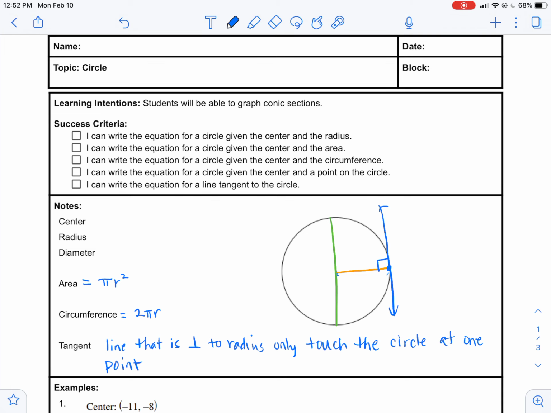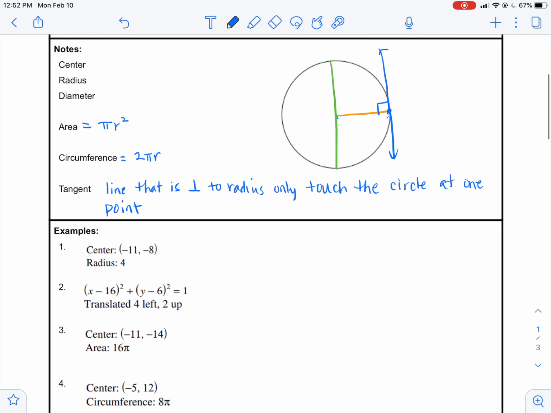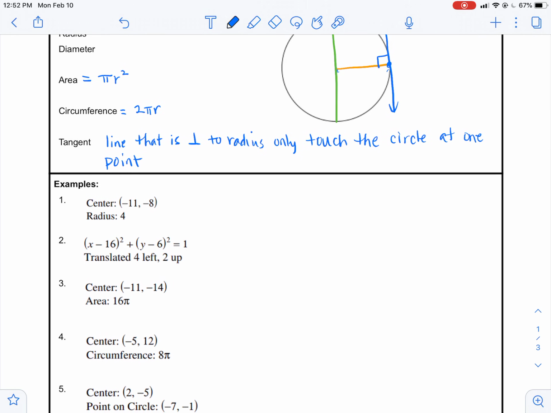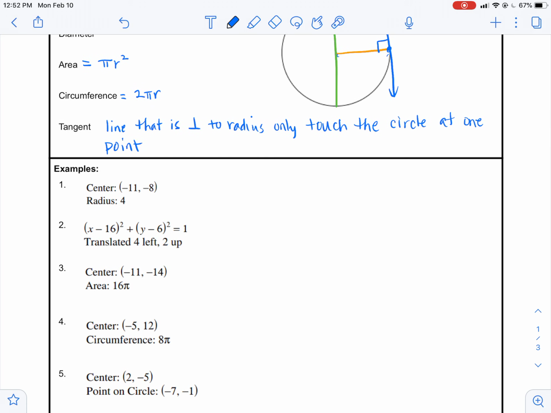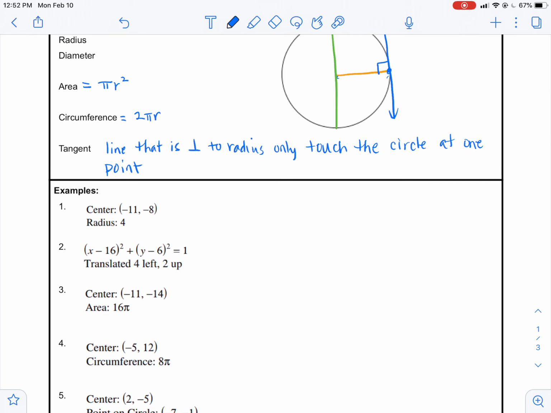Okay, so what we're going to really focus on in this one, as you notice in the success criteria, is writing a lot of equations. Okay, so let's just go ahead and jump in. So the first one we're going to do is when I give you the center of the circle and the radius. So again, remember that the basic formula is x minus h squared plus y minus k squared equals radius squared.